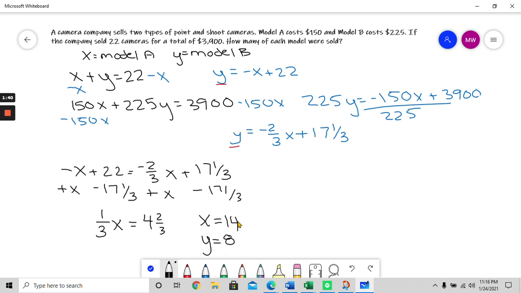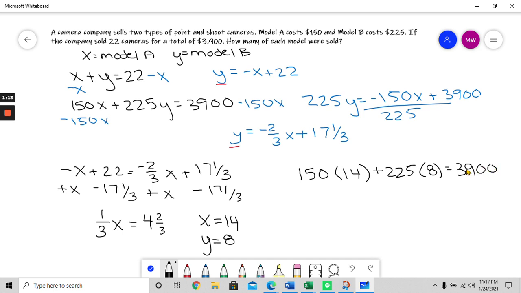We're going to prove that we are correct by taking these two numbers and plugging them back in to see if it equals $3,900. So, is 150 times 14 plus 225 times 8 equal to 3,900?